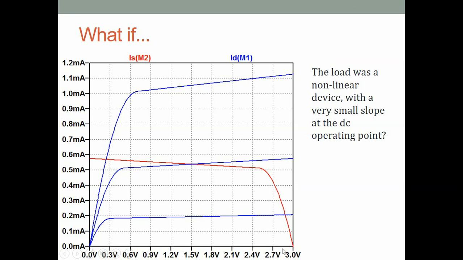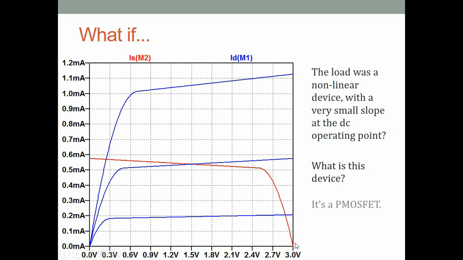Now what is this device? What device has this IV characteristic? It is a PMOS. So this is a PMOS IV characteristic drawn on the ID-VD plot of an NMOS. Let us see the circuit actually.